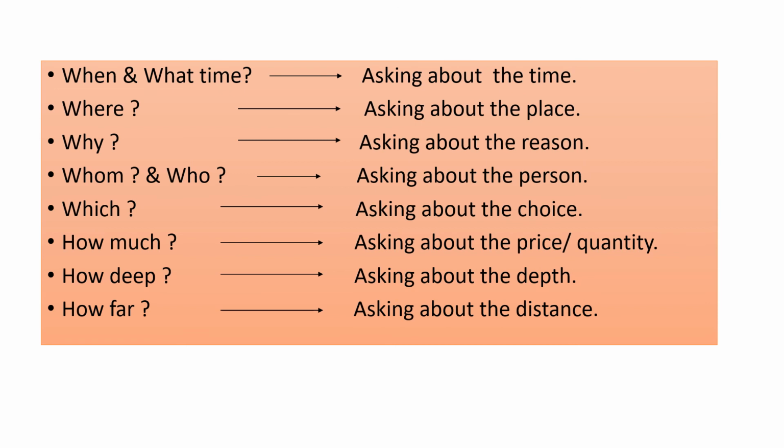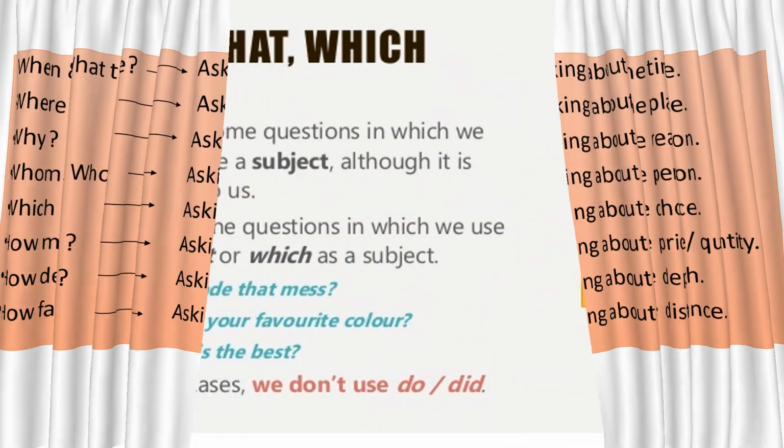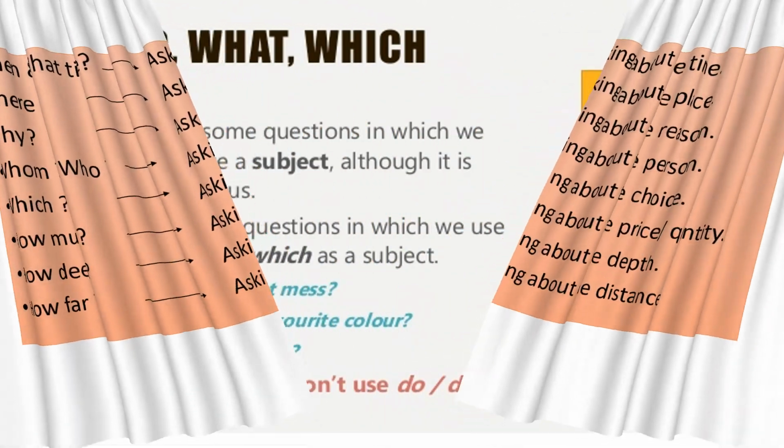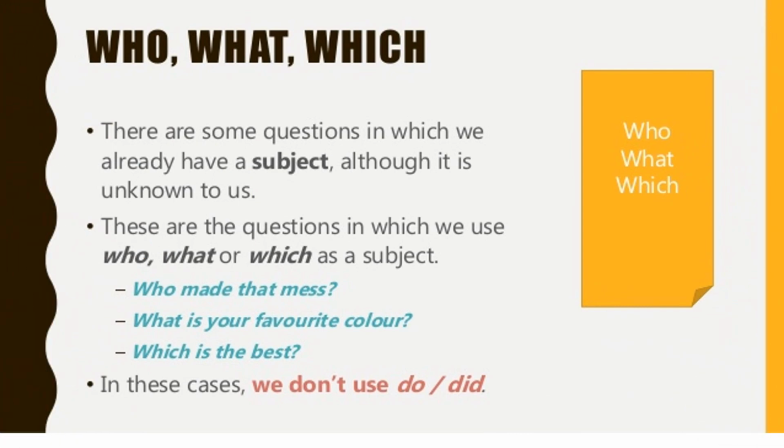So let's complete. What about who and which and what? There are some questions in which we already have a subject, although it's unknown to us. These are the questions in which we use who, what, which as a subject. Who made that mess?